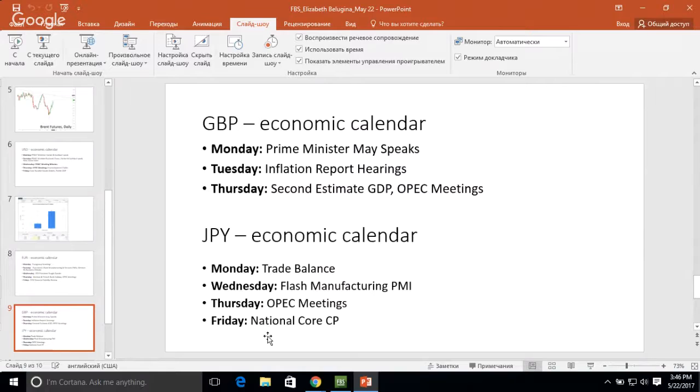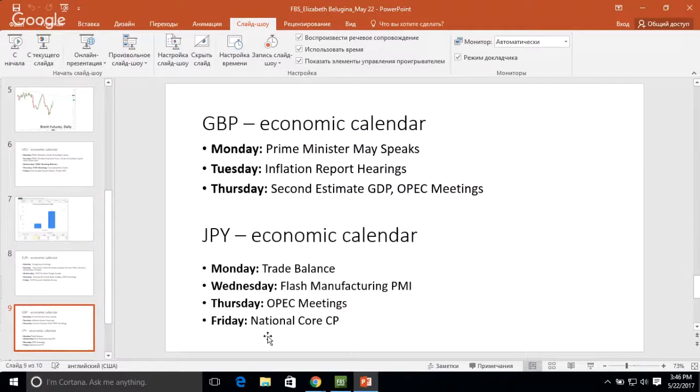Actually, CPI rose by 2.7% in April, while the Bank of England said that it is ready to tolerate inflation at around 3%, but a higher rate may make the central bank raise interest rates. So we will need to stay tuned on Tuesday for Carney's comments. I think that this will be a significant driver of the British currency this week.